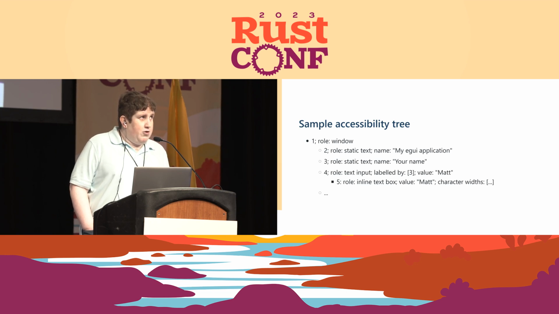And then under the control, we have a child node, which is what we call an inline text box. For a multi-line text input, there would be an inline text box, basically, in the simple case, for each line of text, and that can get a lot more complicated. I won't go into a lot of detail about that.